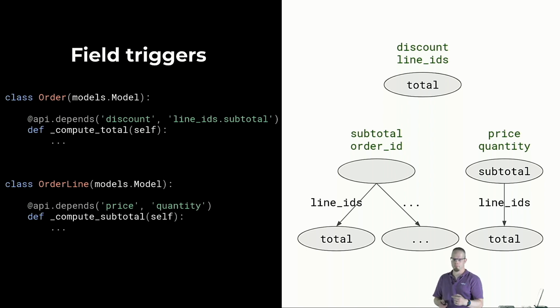And on the line, the subtotal is itself a computed field that depends on, of course, the price and the quantity of the product on the line.